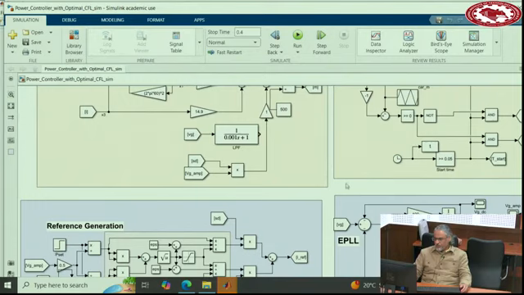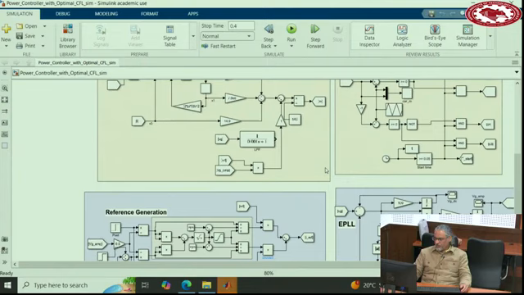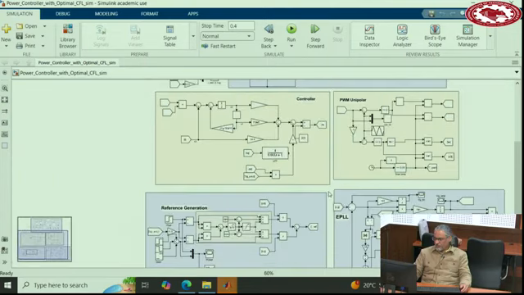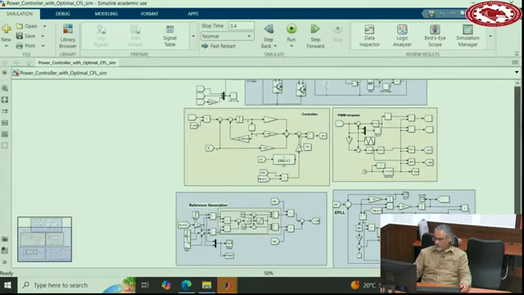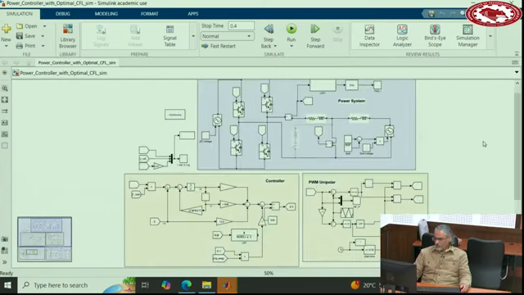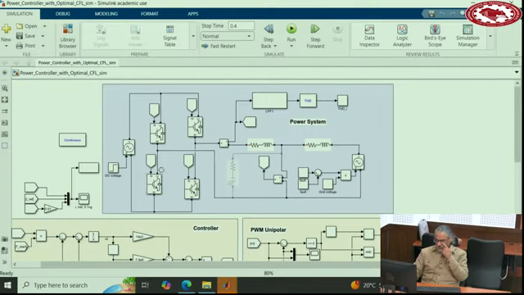Let me explain the simulation file also very quickly. So this is the power circuit here. Again, a full bridge voltage source converter.